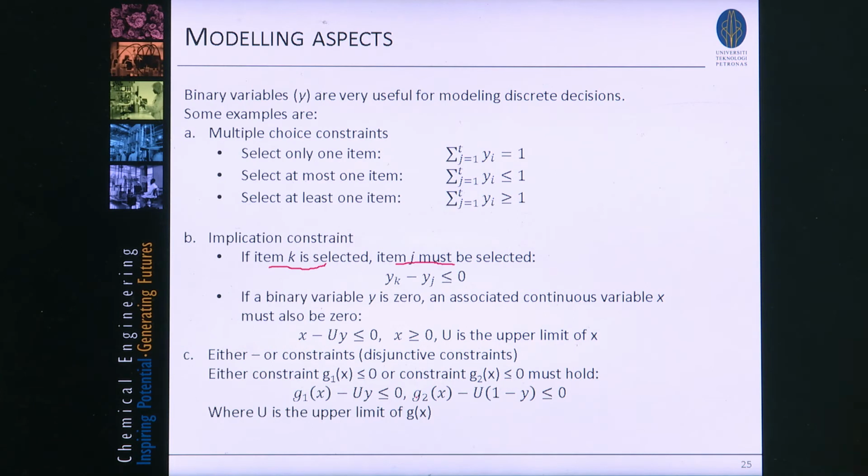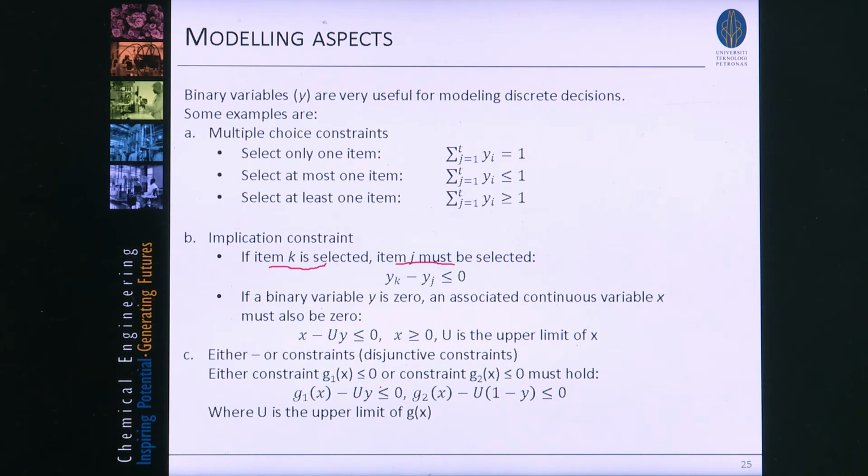And then we also have either-or constraints, or disjunctive constraints. So either constraint J1 or constraint J2 is used. If J1 is going to be used, that means y1 equals 1.